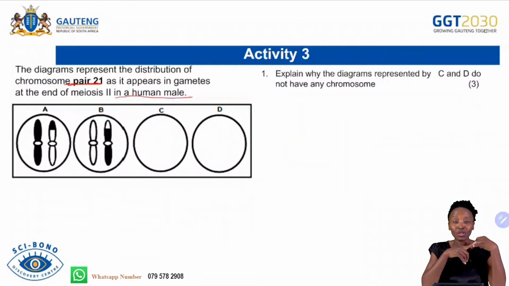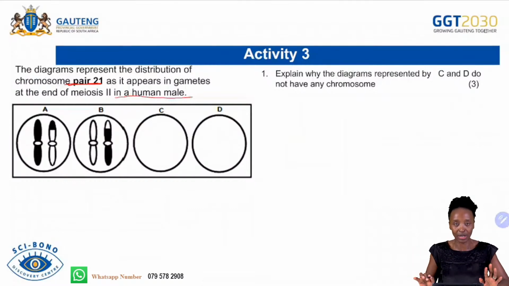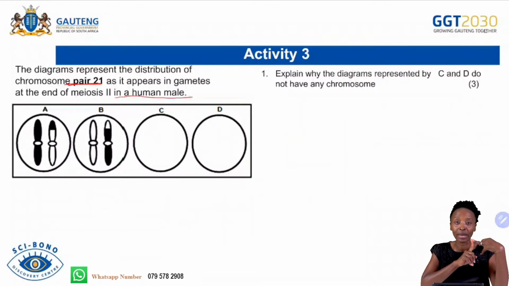But if there was no mention of pair number 21, no mention of human cell, but we are still talking about non-disjunction, we cannot all of a sudden start talking about Down syndrome when we were not guided by the question. But this question is telling us that we are going towards Down syndrome because we are talking about pair 21, we are talking about a human male.